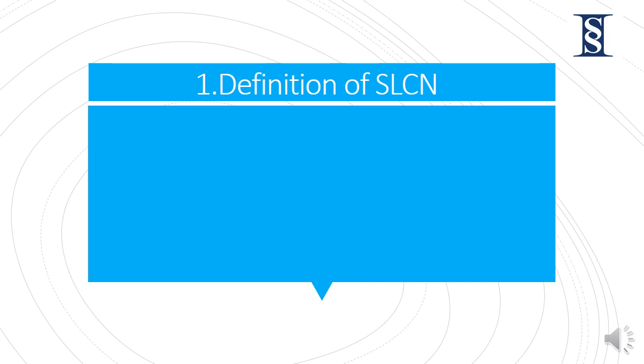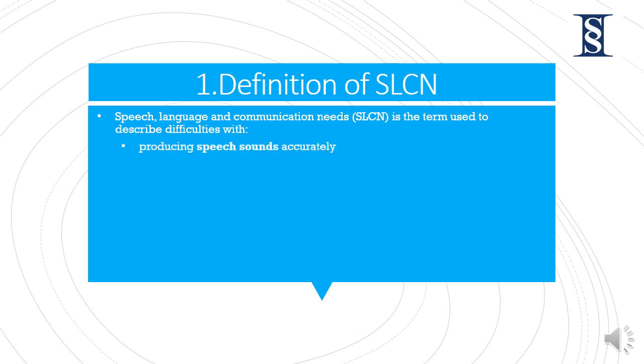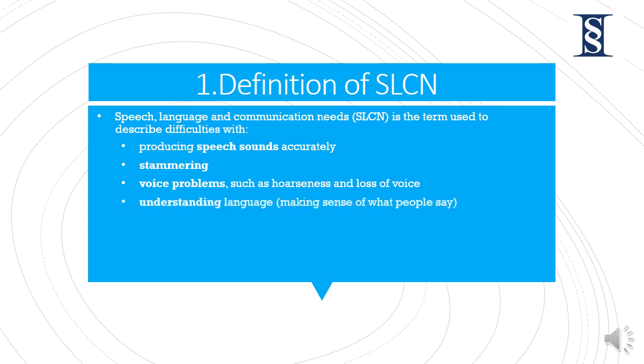So defining SLCN, it's the term used to describe difficulties with the following: producing speech sounds accurately, stammering, voice problems such as hoarseness or a loss of voice, the understanding of language and being able to make sense of what people are saying, and using language within words and sentences.